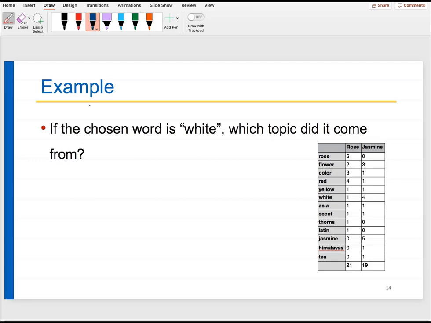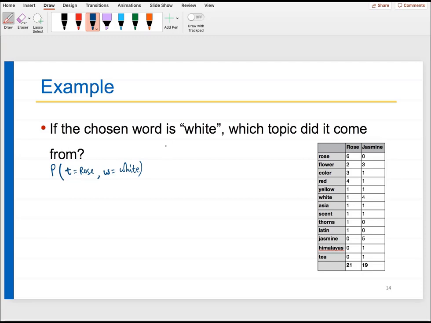How will you do it? You will form the two variables, random variables W and T. How will you write this probability? How will you write it? Probability that T equal to rose, comma, W is equal to white.